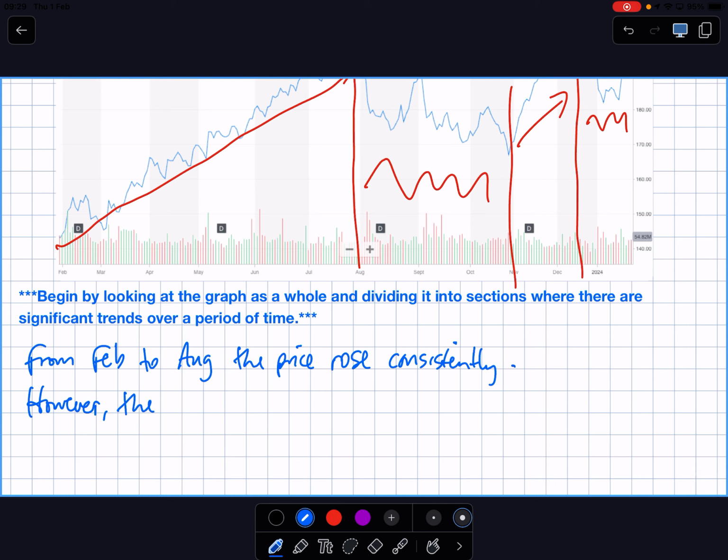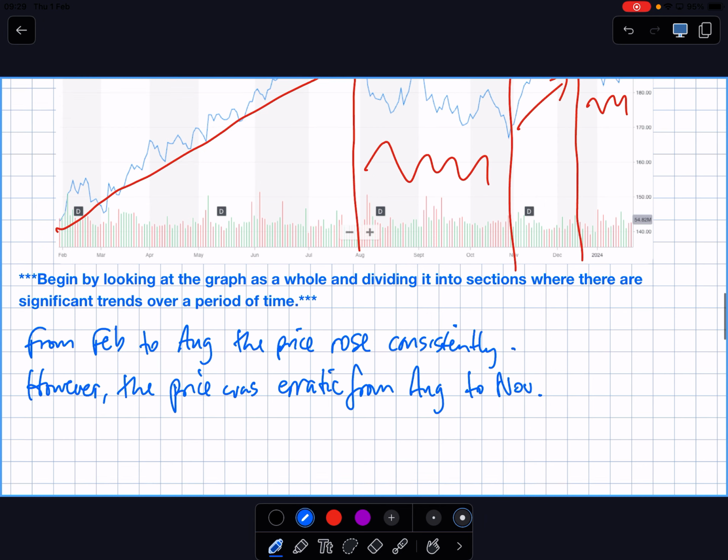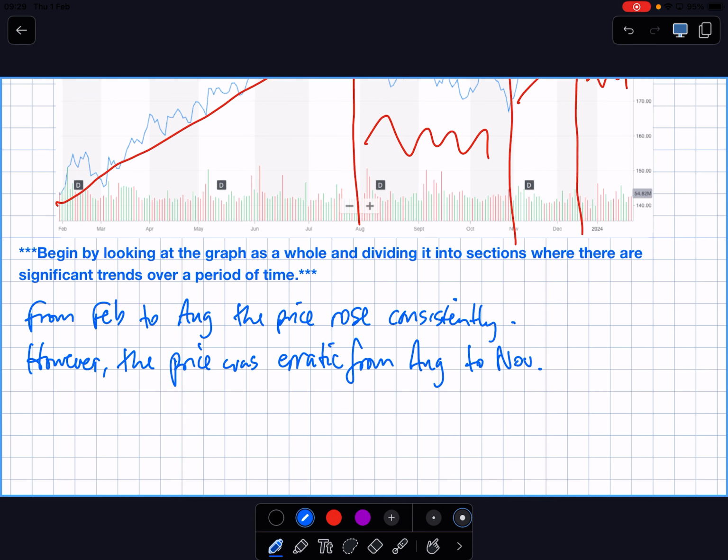The price was erratic from August to November. I'm not saying you don't have to try, but isn't that using time that you could have saved elsewhere? I'm being highly specific about what I want to see so that you don't waste time and can use it on actual maths.